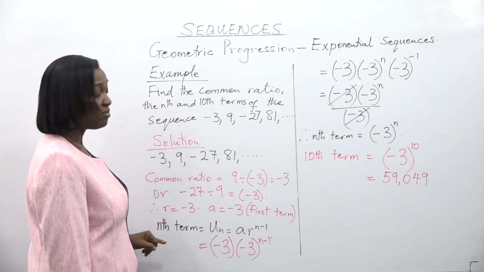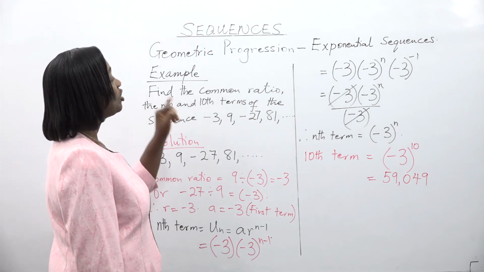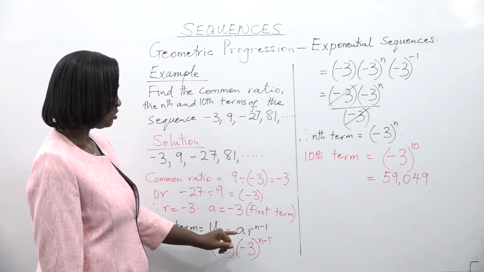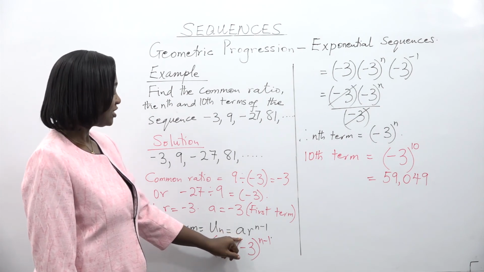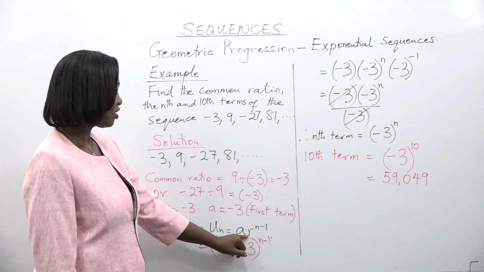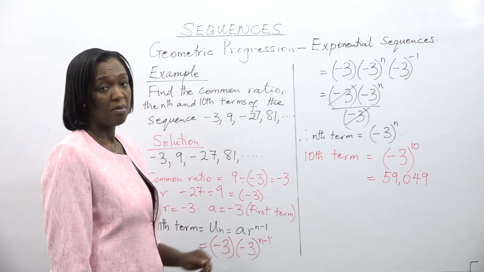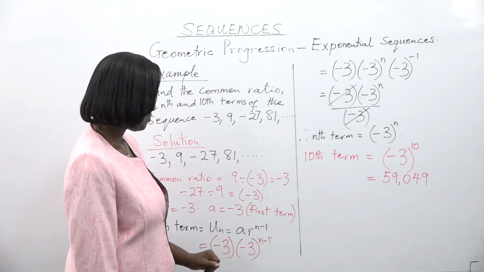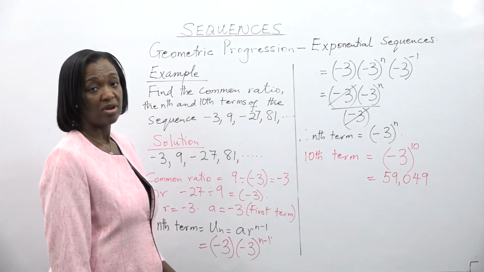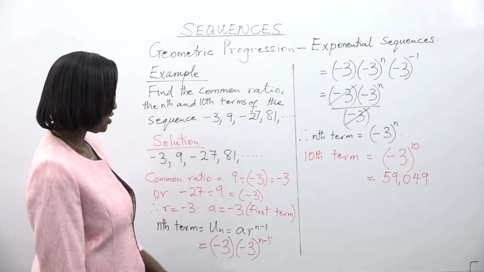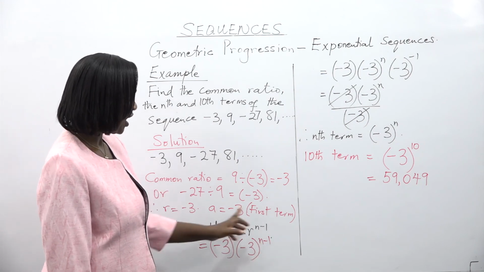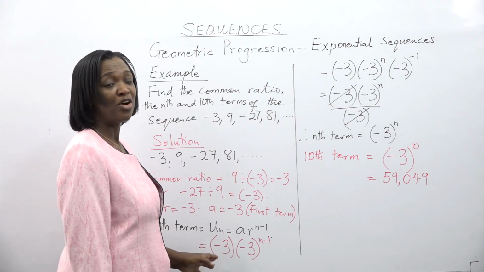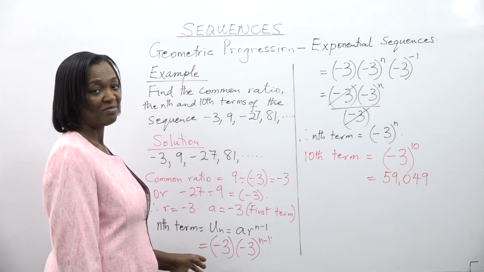Remember that the nth term of a geometric progression is given by u_n is equal to a, the first term, times r, the common ratio, raised to power n minus 1. So we have a is minus 3, r is also minus 3, raised to power n minus 1. But looking at this, we can simplify this using indices. If you don't have our video on indices, go look for it.